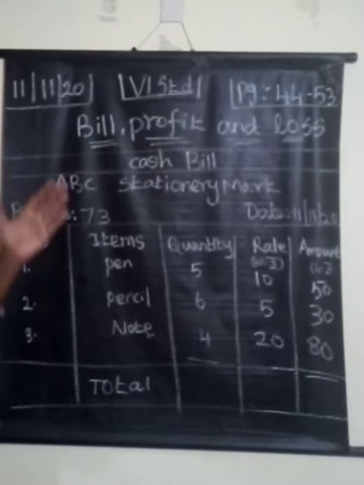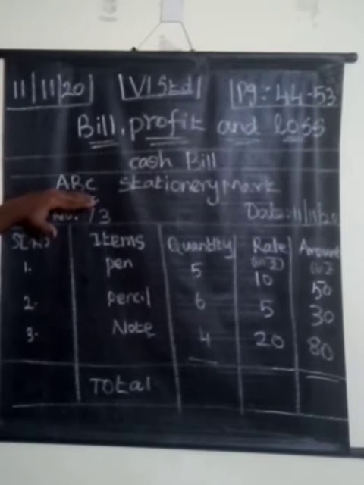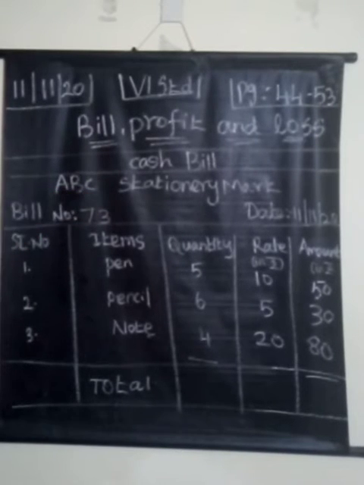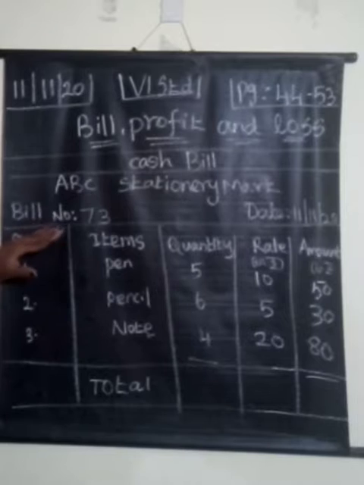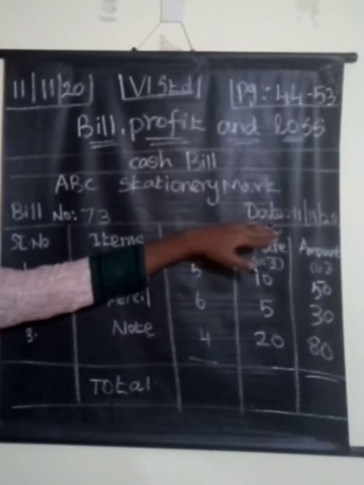Here is a sample bill. From this bill we can understand the details they give: the name of the shop, the serial bill number, and the date, which day we purchased.